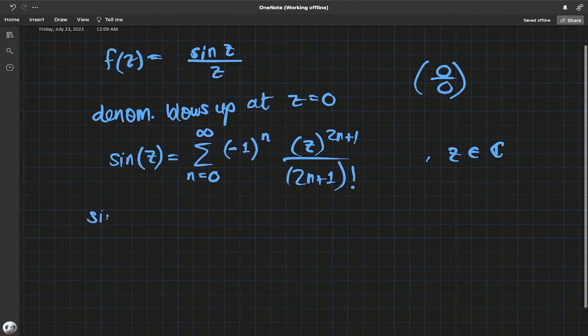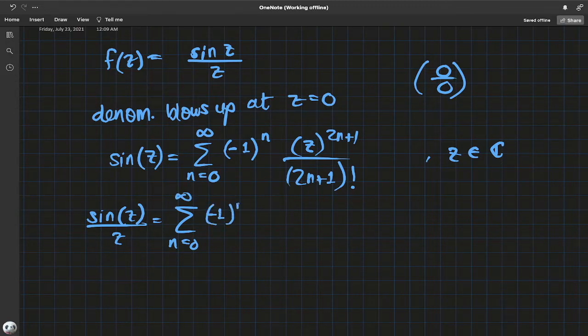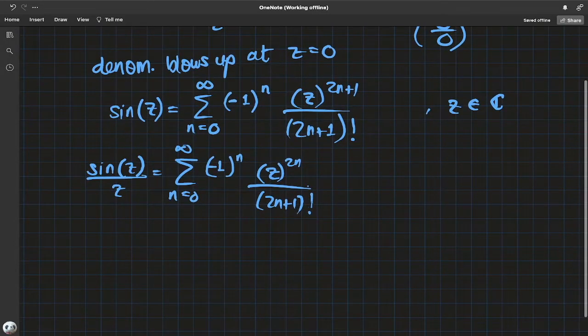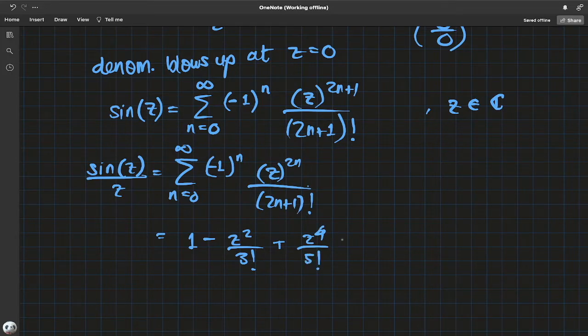Well, sine z over z is going to be sum from n equals 0 to infinity, -1 to the nth power, z to the 2n divided by 2n plus 1 factorial. You write some terms out, 1 minus z squared over 3 factorial plus z to the 4th over 5 factorial, and so forth.